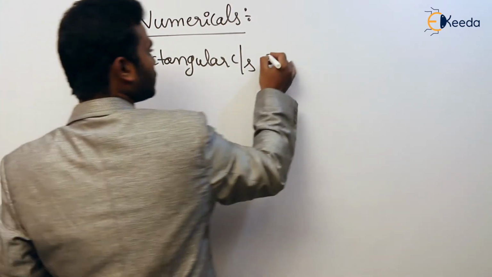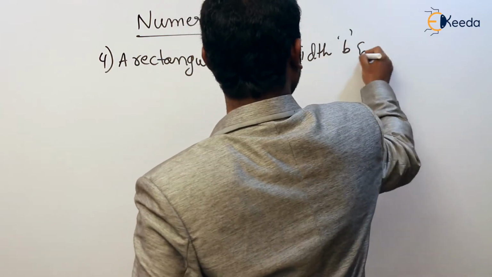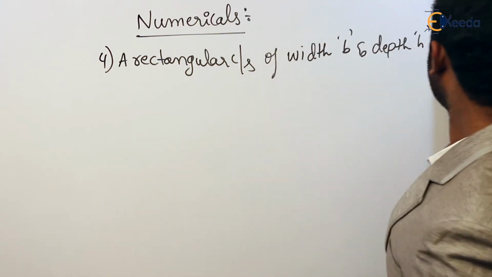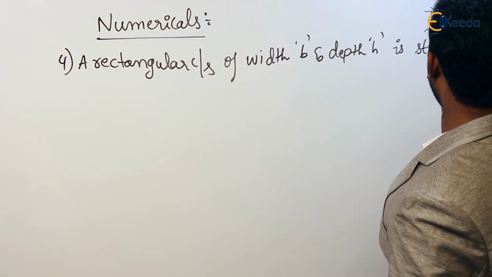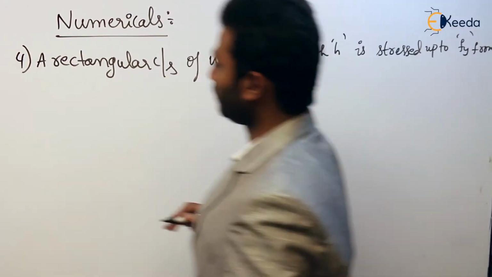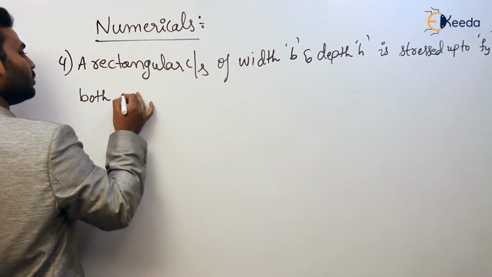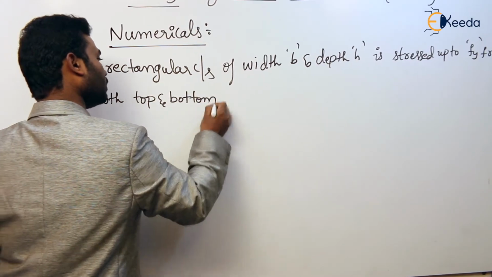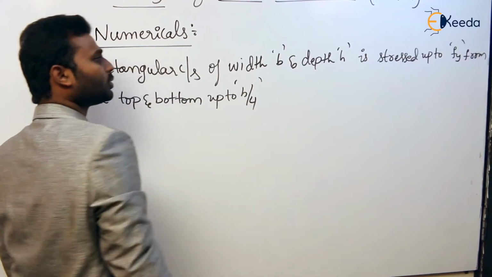A rectangular cross section of width B and depth H is stressed up to Fy from both top and bottom, up to H by 4 distance.